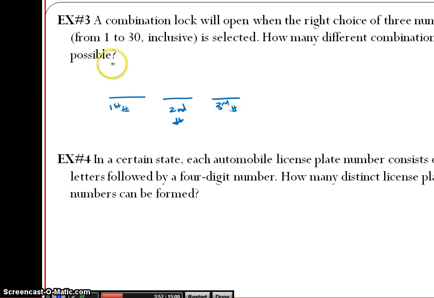So how many possible ways are there to get the first number? Well, there's 30 numbers that could be the first number. And this would be my M, the number of ways for that event to occur. So there's 30 ways to get the first number, and I'm going to multiply all these numbers using the fundamental counting principle.